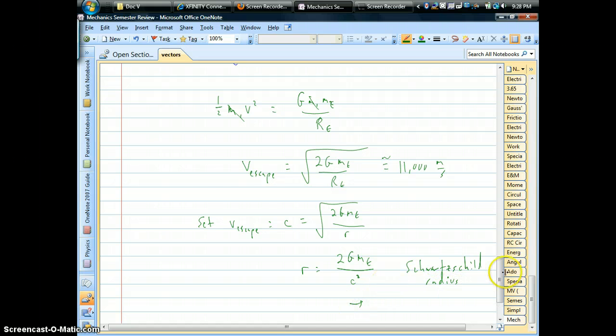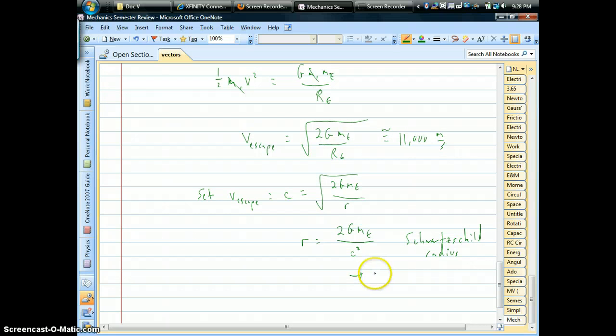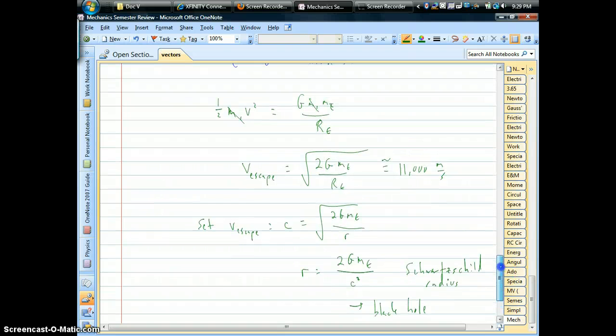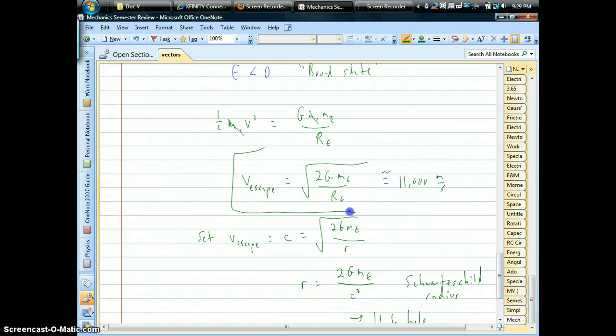And you're starting to get a sense of how far you'd have to scrunch something down to turn into a black hole, where the escape velocity is the speed of light. It's just kind of a fun thing to do. If you put numbers in for the Earth, for example, you'd get something like a centimeter or something like that, about the size of a marble. You'd have to scrunch the Earth down. You know, have all that mass in the form of a marble, and it would form a black hole. So it's kind of a fun thing to think about.